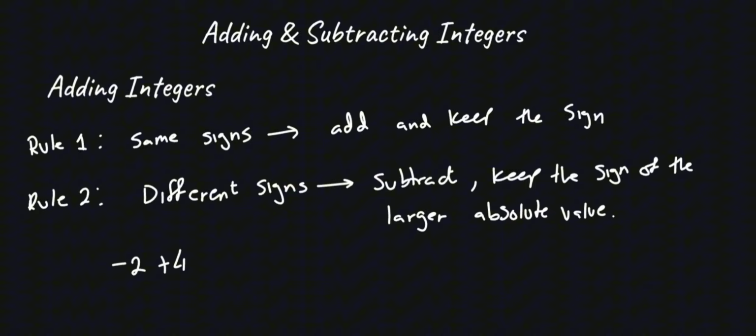Here's an example: -2 plus 4. So here we see that we have positive and negative. This means we're going to subtract. And if we subtract, what's 4 minus 2? That's 2. We should keep the sign of the larger value. So which number is bigger, 2 or 4?